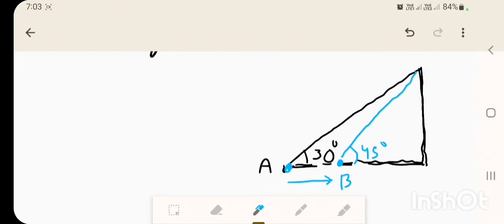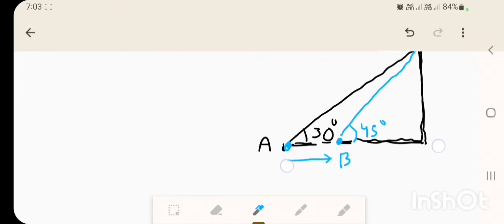So the angle of elevation increases as we move nearer to the palm tree. Earlier it was 30 degrees; when we moved closer, it became 45 degrees.